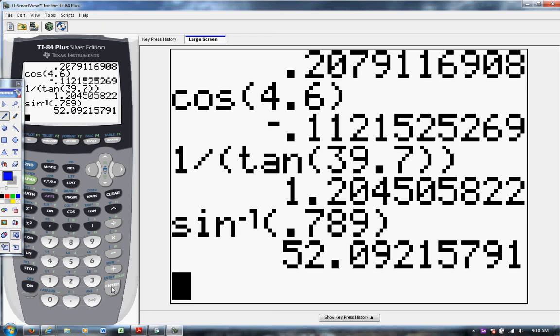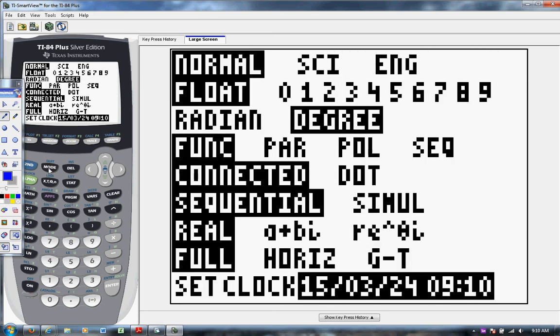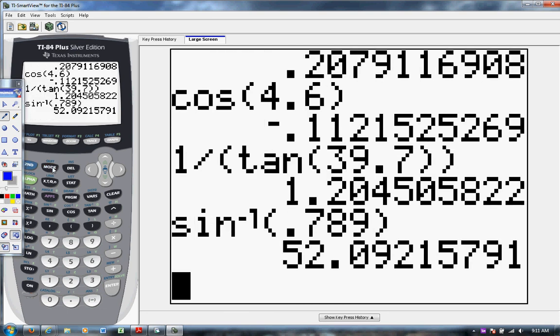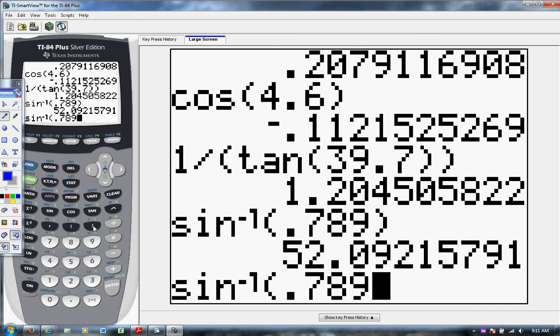Then I would have to switch my mode to radians first. Okay, so now I'm going to do second sine of 0.789 and hit enter, and you'll see I get a different answer.